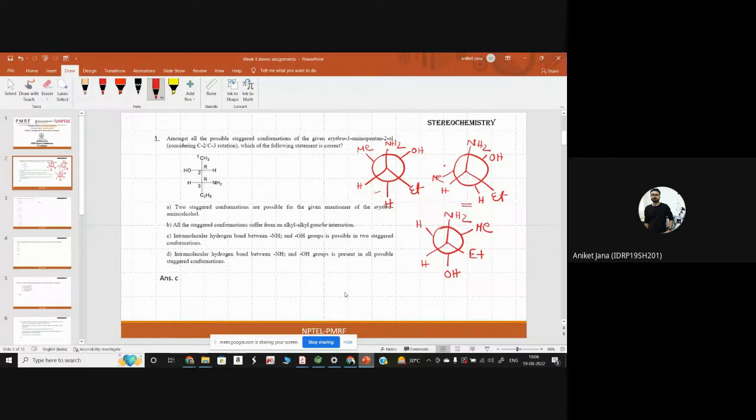This is also possible. So we have to fix one carbon first, then rotate the other one.